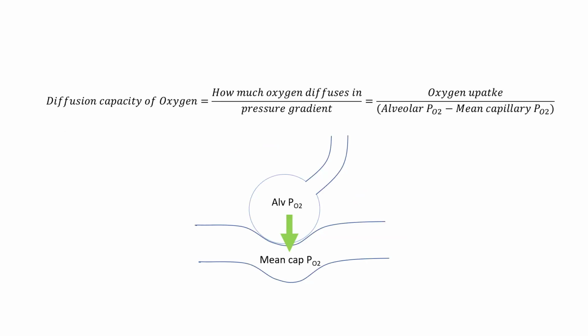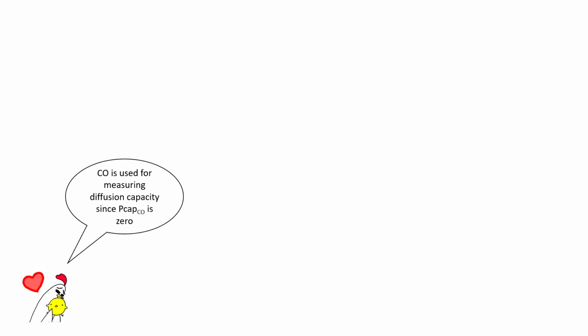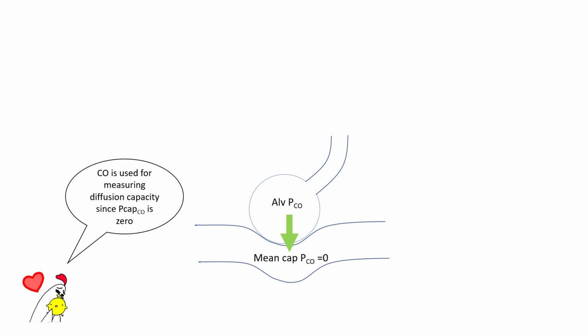For example, diffusion capacity of oxygen is how much oxygen diffuses every minute through the membrane divided by the pressure gradient, that is alveolar PO2 minus mean capillary PO2. Carbon monoxide is a very useful gas to measure the diffusion capacity and compare it among various patients.